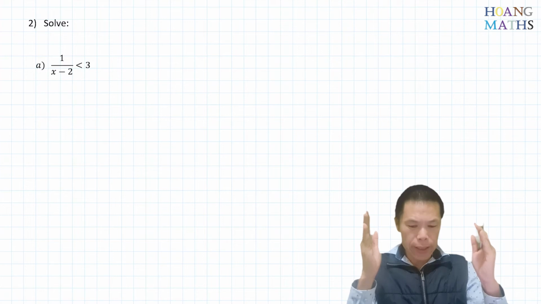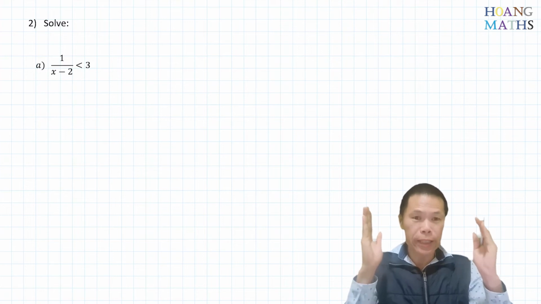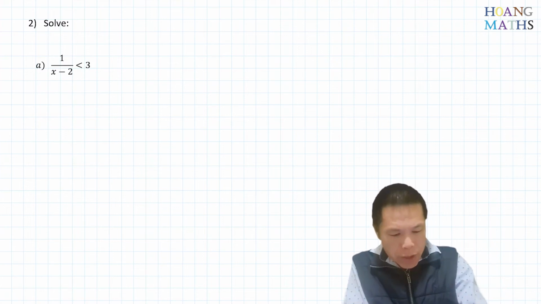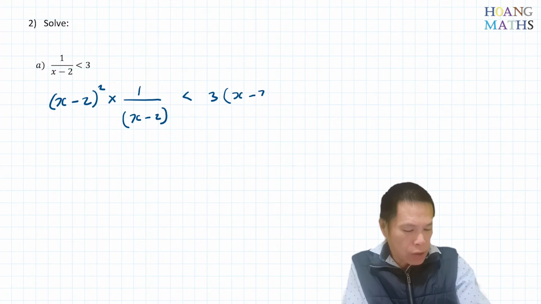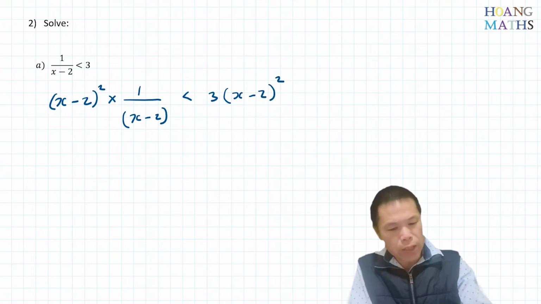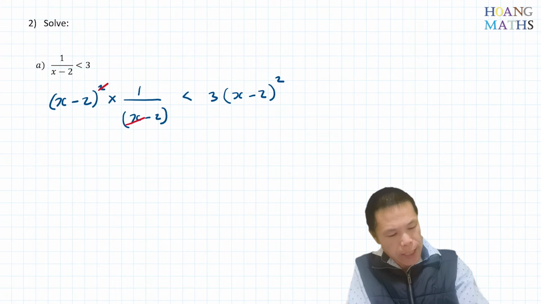So first one is I just times by the denominator squared, okay? So that will give me (x minus 2) squared times 1 over (x minus 2), less than 3 (x minus 2) squared. So now I just simplify, this cancels out.